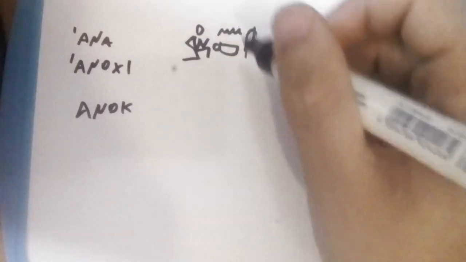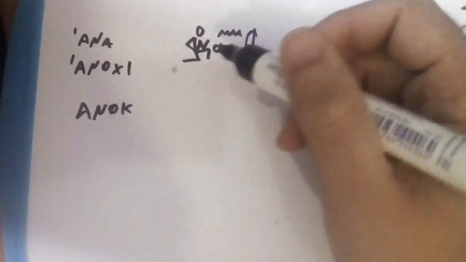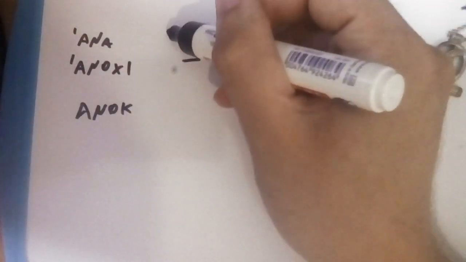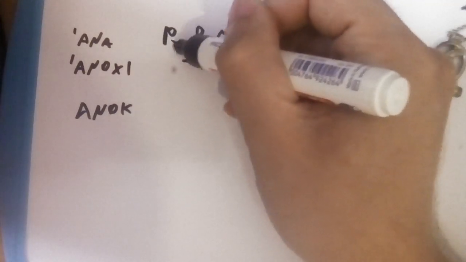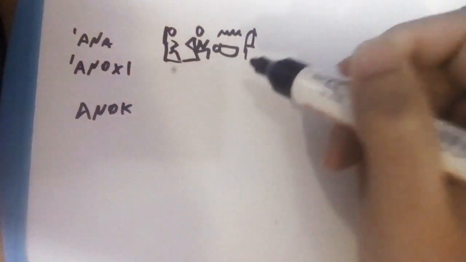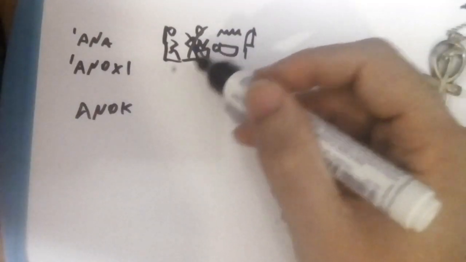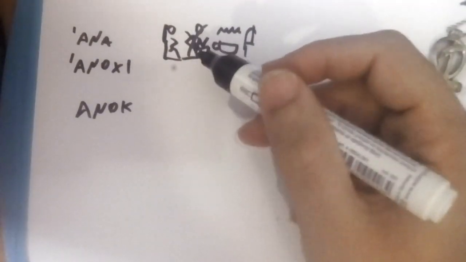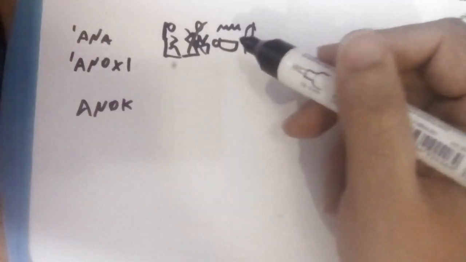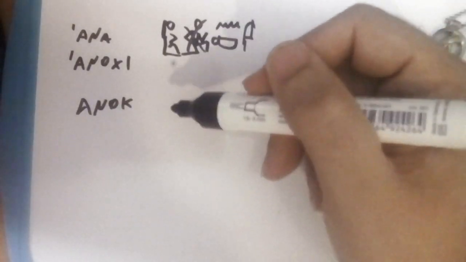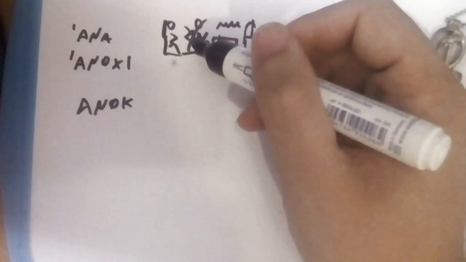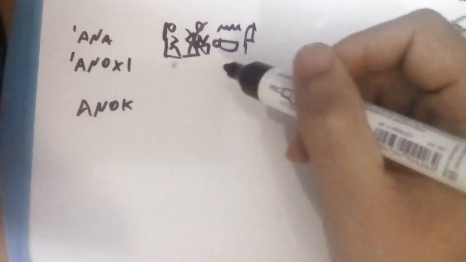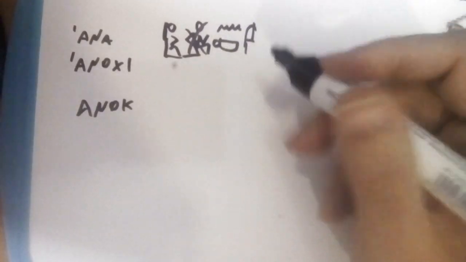If the speaker of the phrase was a man, it was the little man figure; if it was a woman, it was the figure of the sitting woman here. It was some way to indicate who was speaking, or their gender, or if it was the king or a god. The determinative symbol changed accordingly, but it was optional.